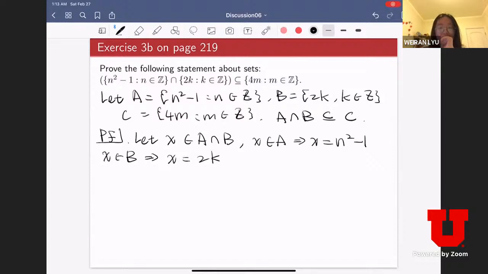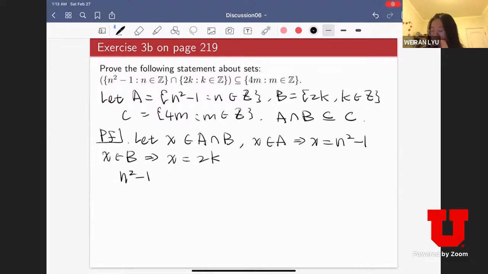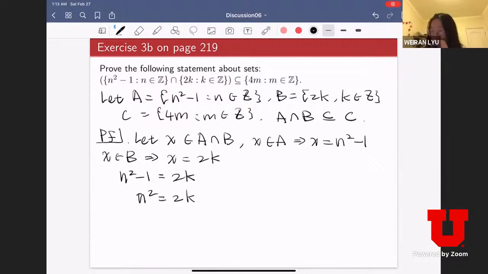Yep. So n squared minus 1 should equal 2k because they intersect. And so n squared is equal to 2k plus 1. Yep, you just add 1 on both sides.